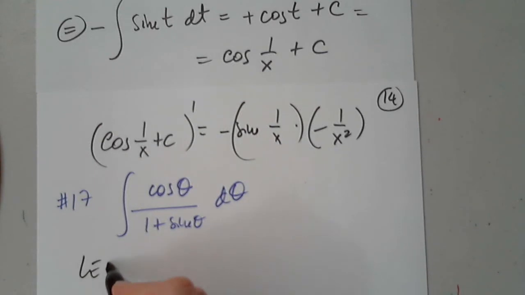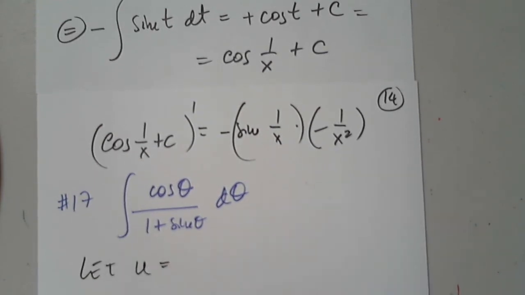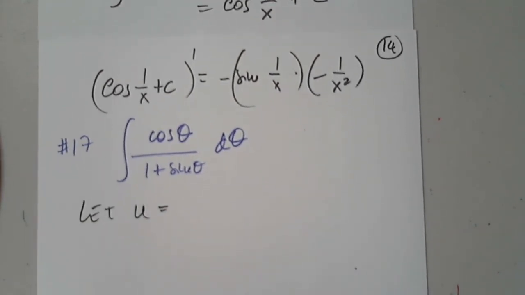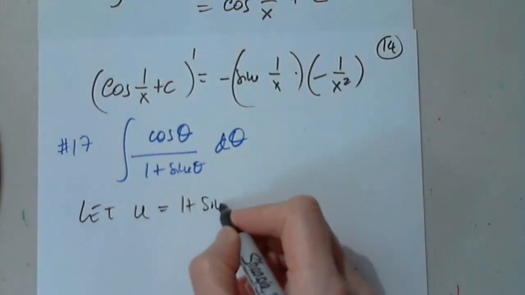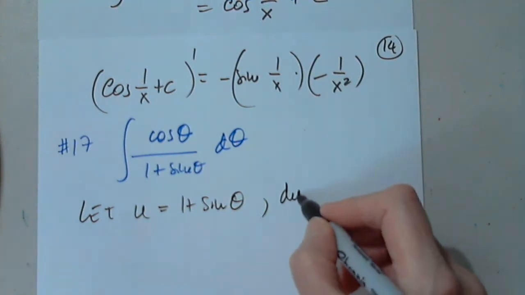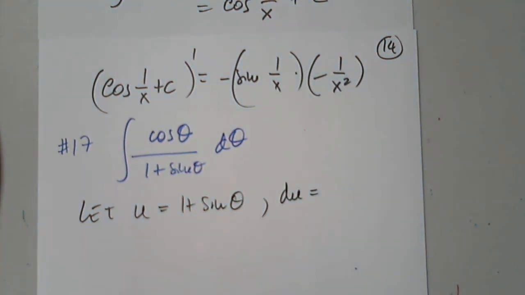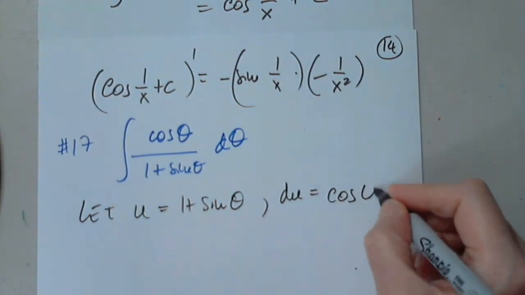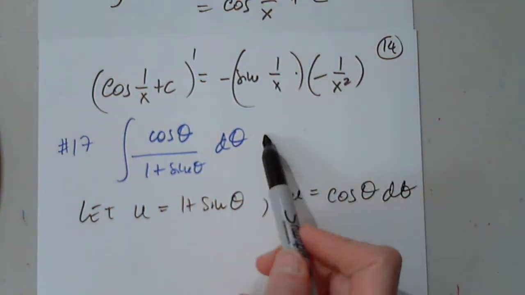So let's say let u be 1 plus sine theta. Very good, awesome. du is cosine theta d theta. Here it is.